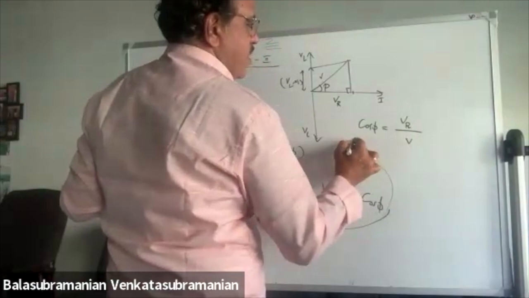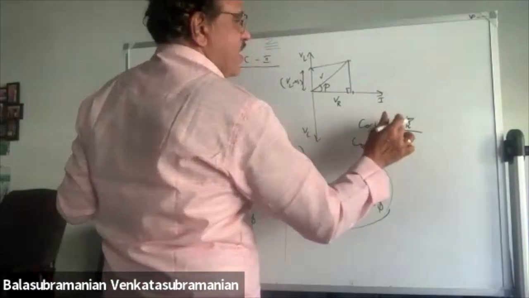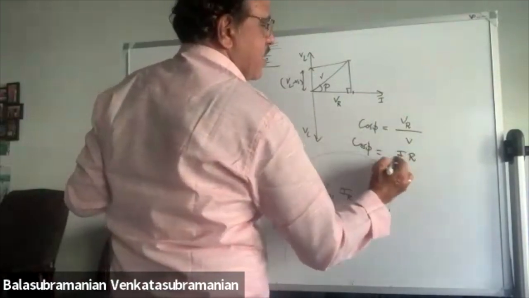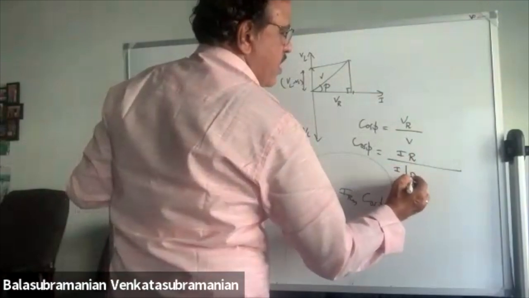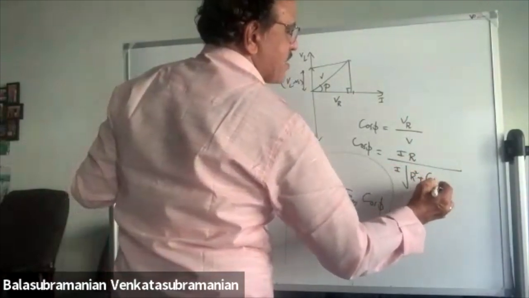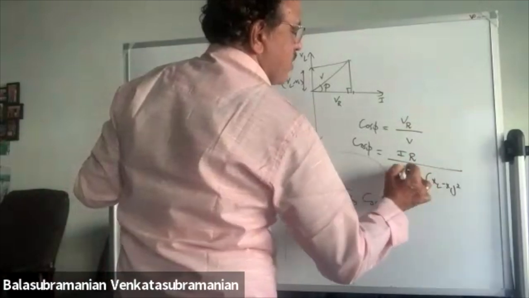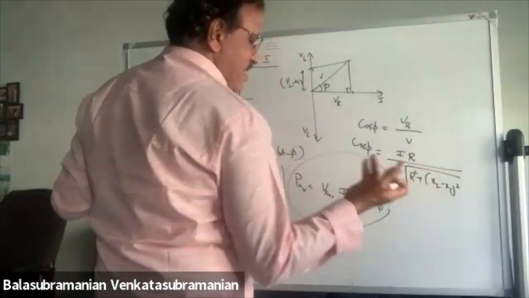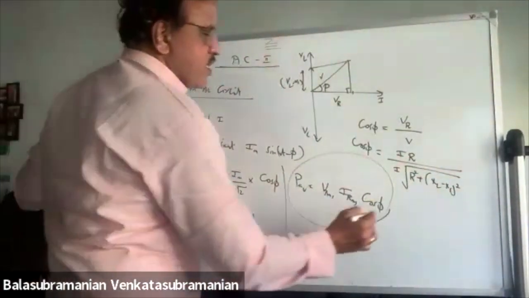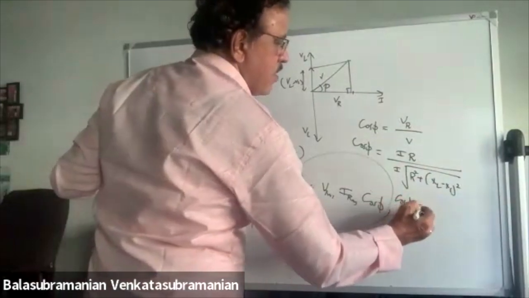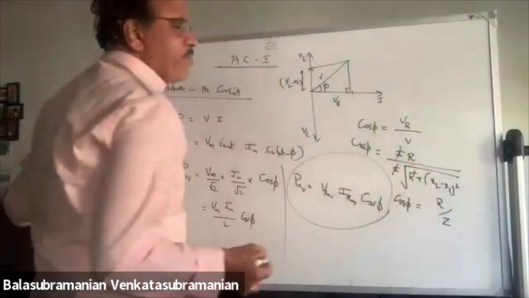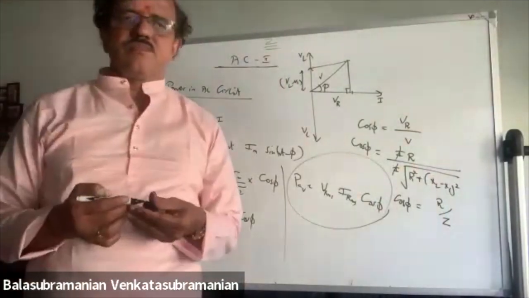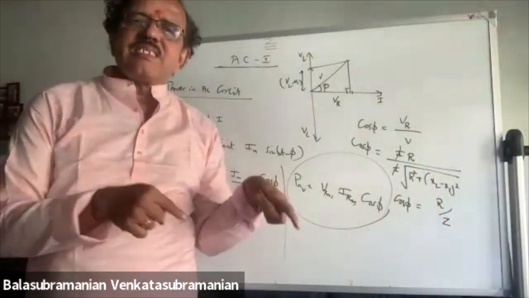Hypotenuse is V. So cos phi is IR by I into root of R square plus (XL minus XC) the whole square. I cancels. So it is R by Z, where Z is called impedance.